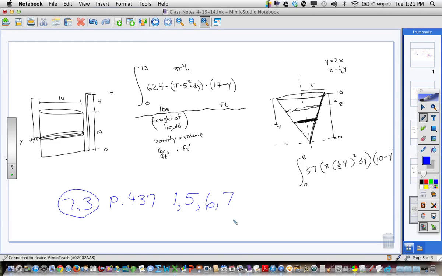I think it's comparing one bucket versus another bucket, which one is more work. And then 12 is the last one, and that's a leaky bucket. So those are the problems.